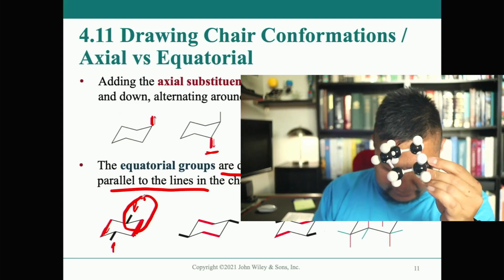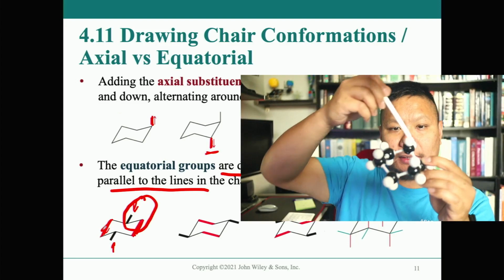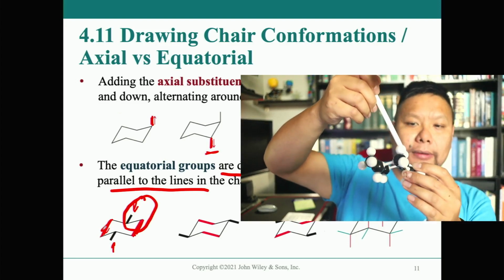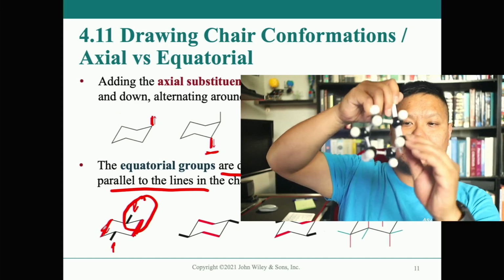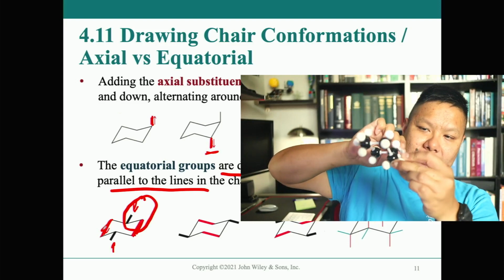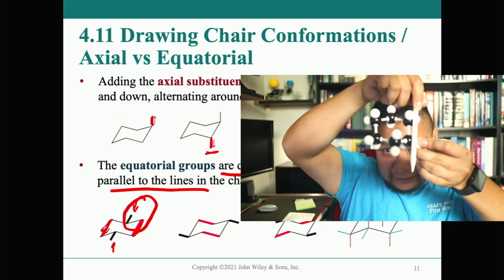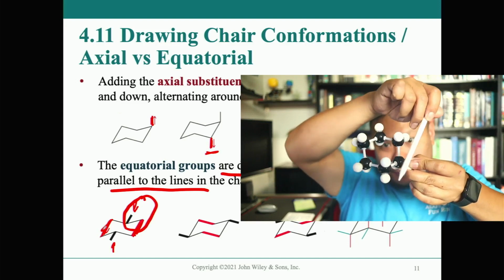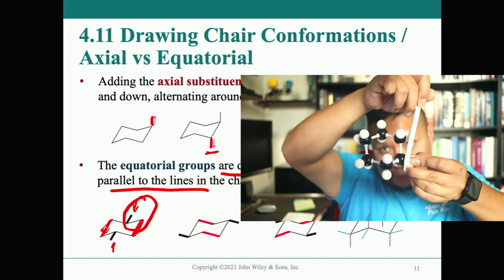The same is true of this one over here. This bond right here has this trajectory, going like that. And what other bond is also going that direction? It's this one right here, also going down that way.